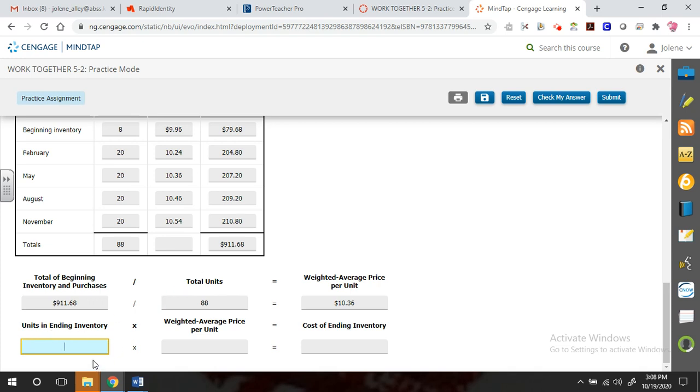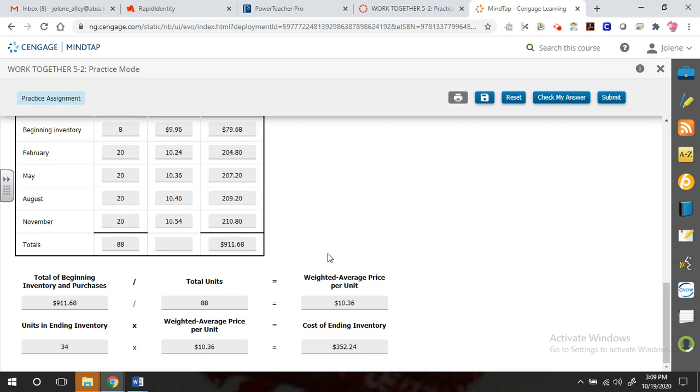Well, we had 34 in the ending inventory times the 10.36. 34 times 10.36 gives us $352.24.